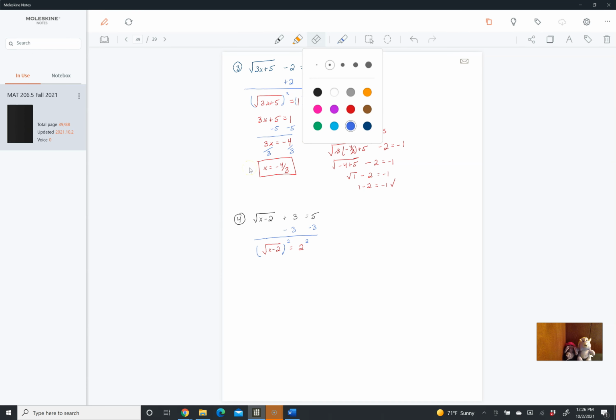Okay, so remember, we isolate the radical there. We get rid of the radical here. And our next step is going to be to solve for x. Because this gives us x minus 2 is equal to 4. Add 2 to both sides. And we get that x equals 6.